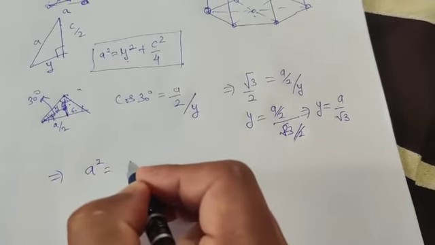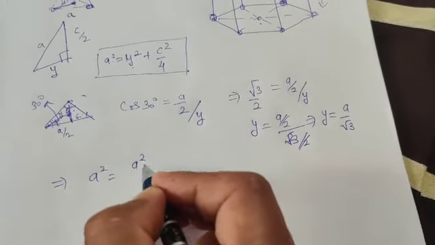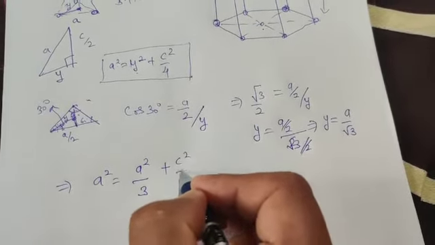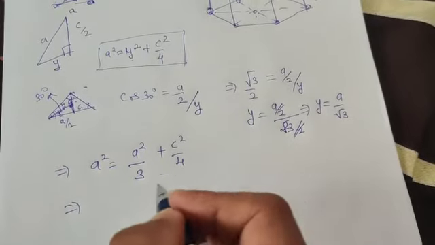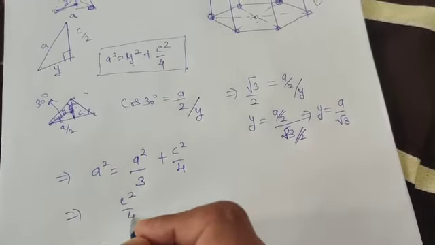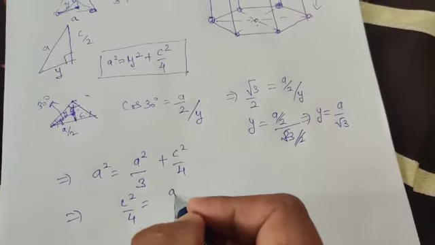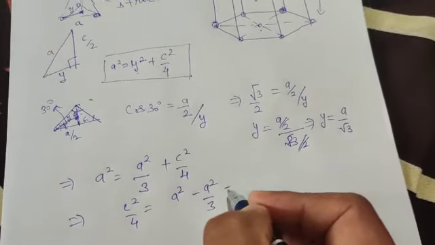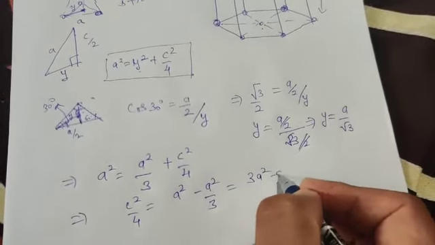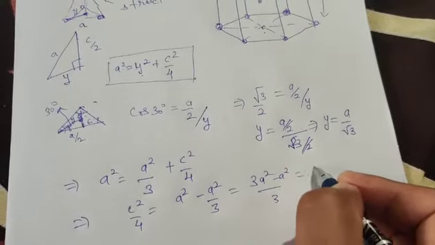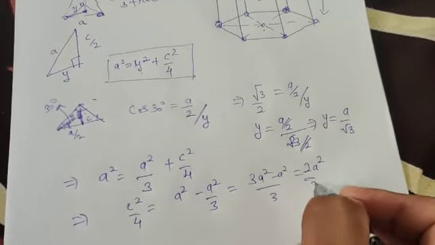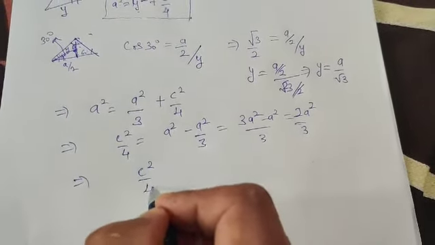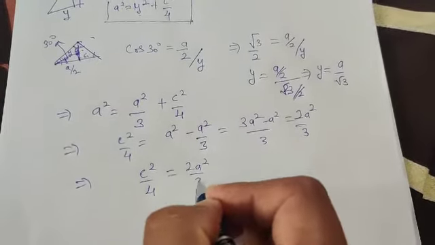A square will be, put the value of Y squared, this will be A square upon 3, plus C square upon 4. So C square upon 4 is A square minus A square upon 3. So this will be 3A square minus A square upon 3, which is 2A square upon 3. Therefore C square upon 4 is 2A square upon 3.